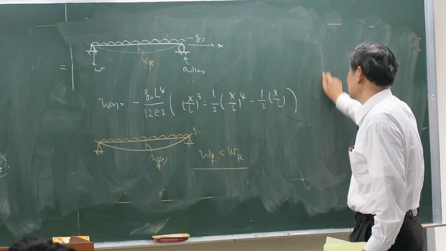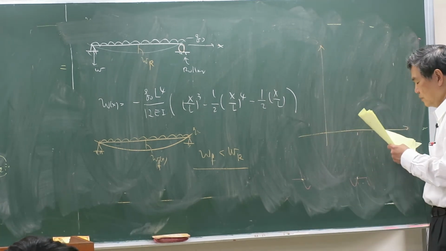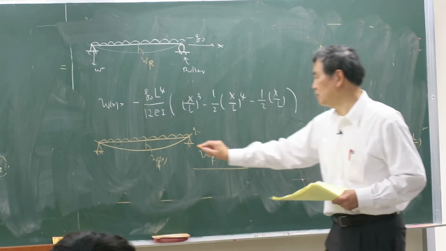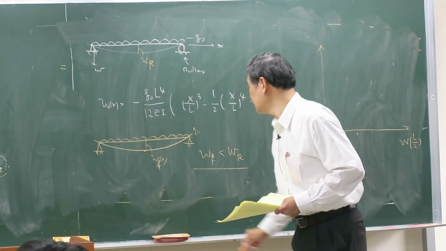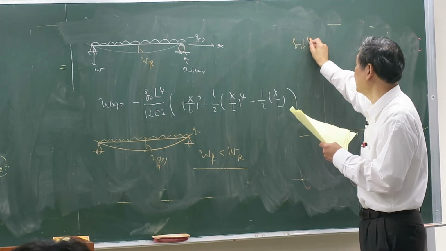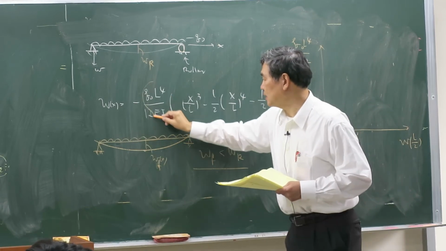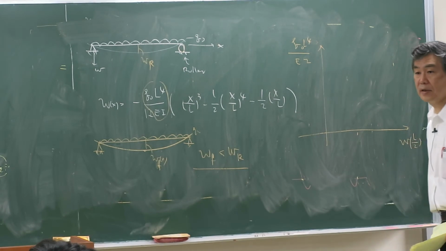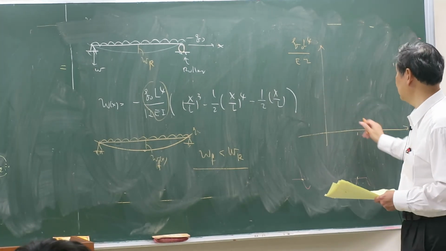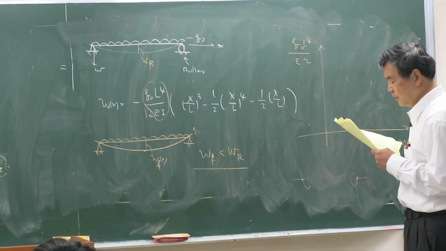So we have a plot, a non-dimensional curve. This is the deflection at the middle. This axis is the loading, Q0 L^4 over EI. The value of the loading. For different Q0, you have a different W, so the relationship is like this.